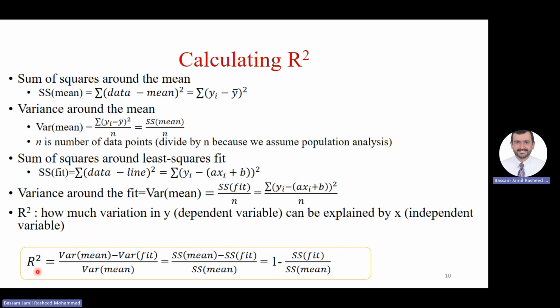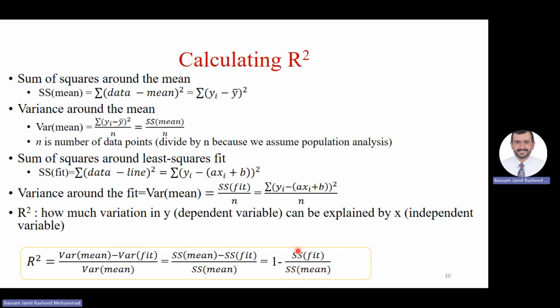Now, R squared is computed as the variance around the mean, which is this one here, minus the variance around the fit, which is this one here, divided by the variance around the mean. You do some math manipulation, it's really 1 minus the sum of squares around the fit over the sum of squares around the mean.